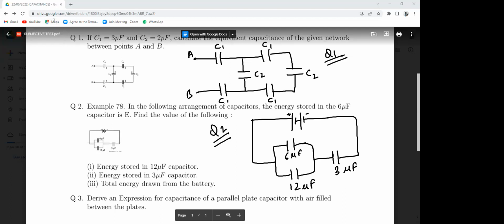Hiba, Hamza, hurry up. Your time is up. Extra 10 minutes are there. Quickly submit it, whatever you have done. Submit it now.